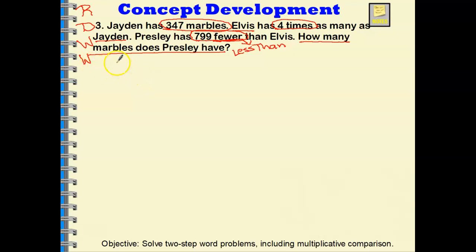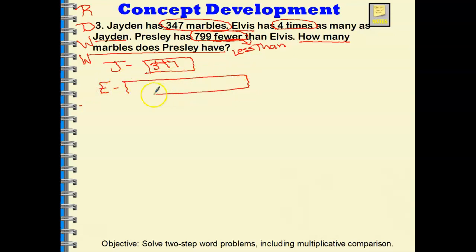So let's see what I know. I'm going to start drawing now. I know that Jaden has 347 marbles, so I'm going to draw my first tape here to represent Jaden's 347 marbles. Then I know that Elvis has more than Jaden. How much more? He has 4 times as much as Jaden.